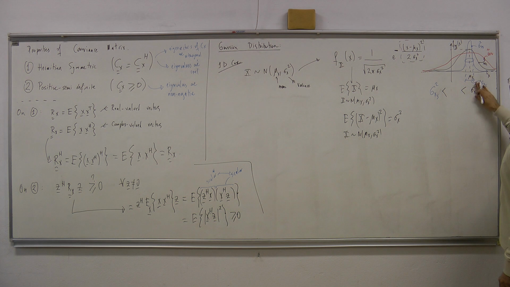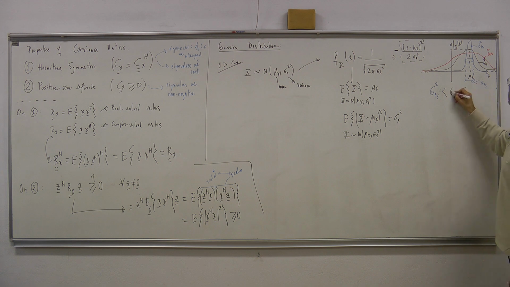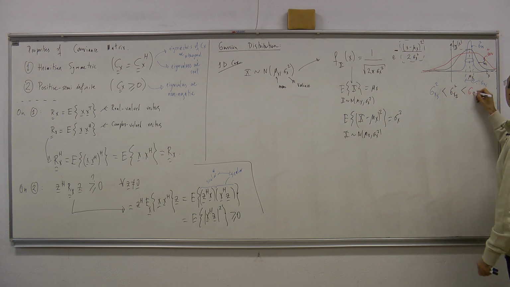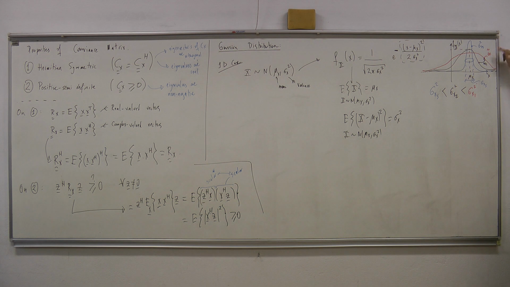So let me correct this. Which one is which? This is wider. I want to have 1 for this. Sorry for this. So this one has smaller spread. The black one has spread this much, let's say.